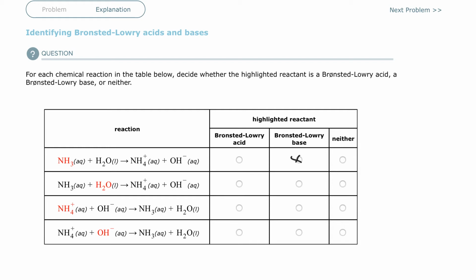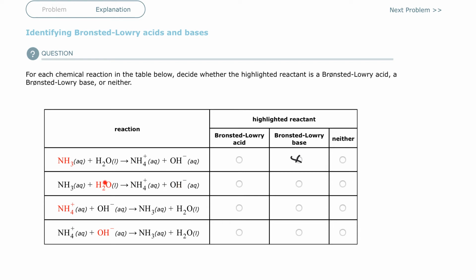All right, so let's look here. I see the ammonia, NH3 and NH4, those look similar. So NH3 is receiving, so the NH3 must be the base, ammonia must be the base. Where is the hydrogen coming from? Well, let's look at water. There are two hydrogens in water, and at the end, OH, that's related, so it's lost one.